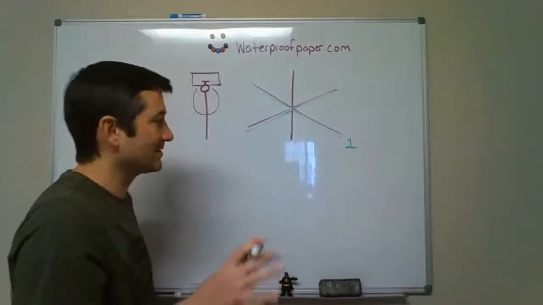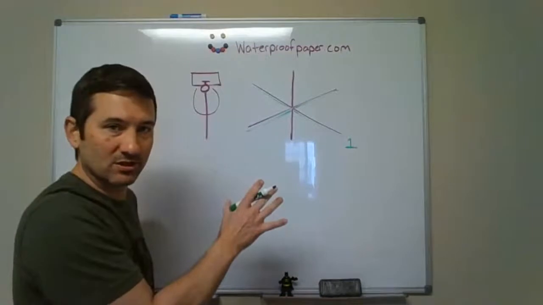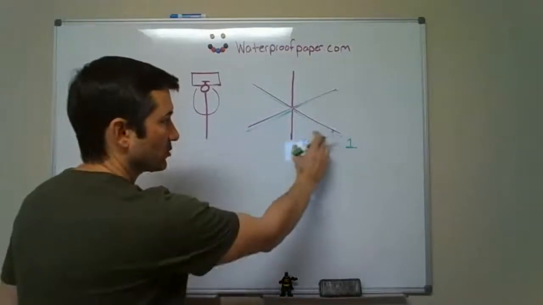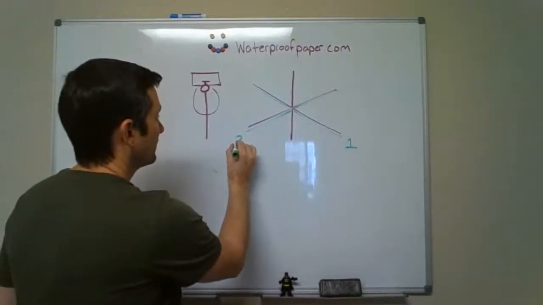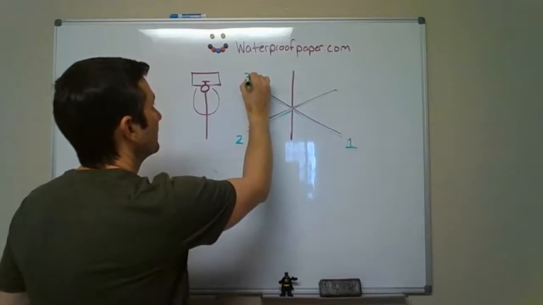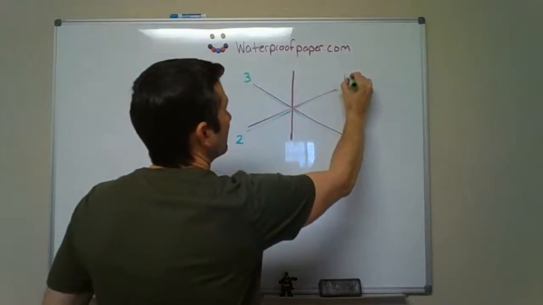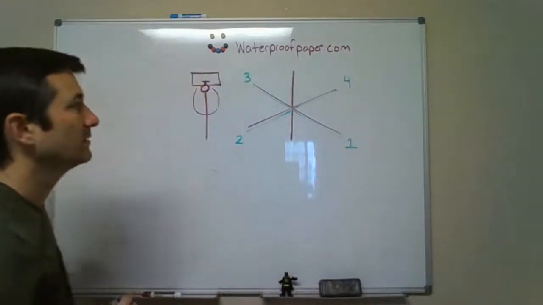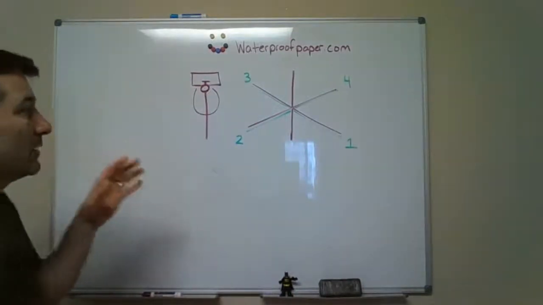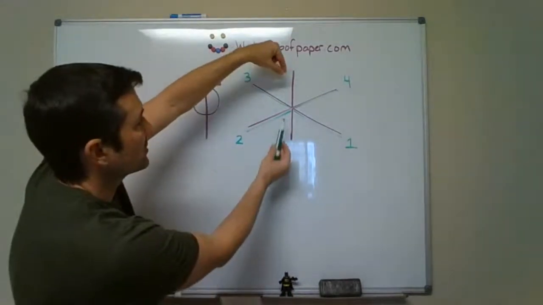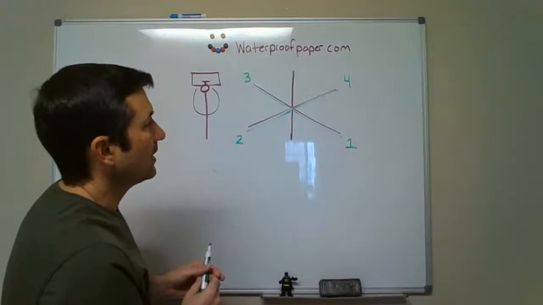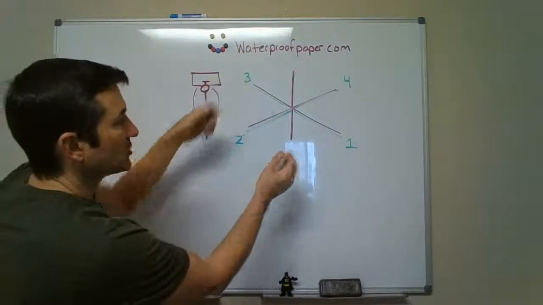This is not a set numbering system or anything I'm following. I'm just going to show you there's 1 angle, 2 angles, 3 angles, 4 angles. You can picture this center as a center line axis around which the whole thing would spin.